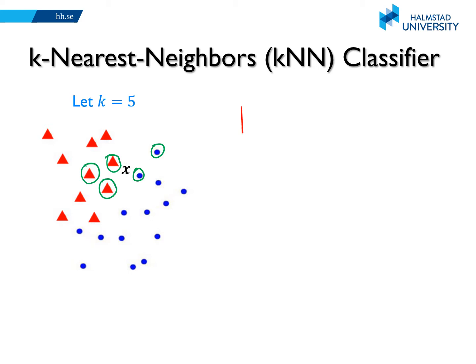And so here the probability that x belongs to the red class, which is this class, is the number of k-nearest neighbors which are labeled with this red class among k, right? So in this case, we have 3.